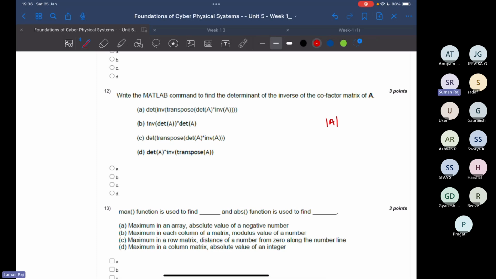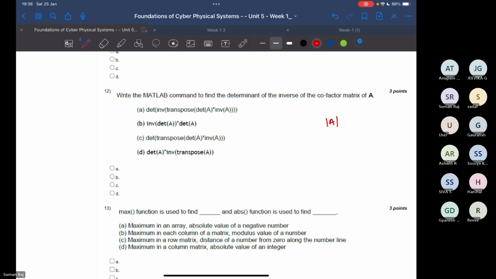I think there is no command in MATLAB to calculate the cofactor. In MATLAB, they say that it is calculated like this. I can share this link with you. You can follow that.